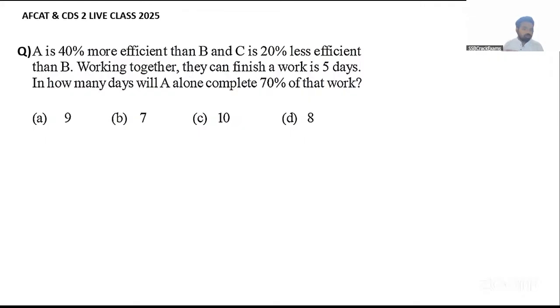It means that however much work B is doing, A is doing 40% more than B. Okay, and C is 20% less efficient than B. It means however much work B is doing, C is doing 20% less than that. So working together, they can finish a work in 5 days. In how many days will A alone complete 70 percent of that work? It is only asking for 70%.